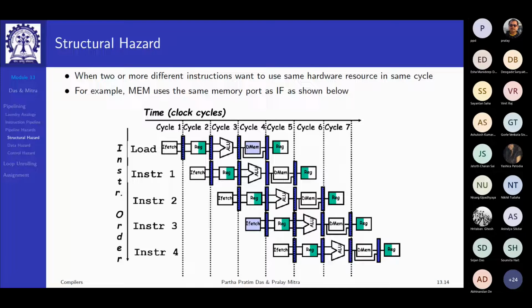So it is possible that in one cycle you are going to schedule two instructions having the same stage, like two instructions trying to do mem or two instructions trying to do instruction decode. Those kinds of schedules will also not be possible. We'll show examples. So there could be a structural hazard because of that stalled scheduling also, and that will have to be avoided.